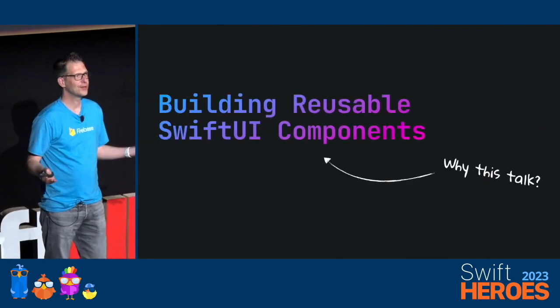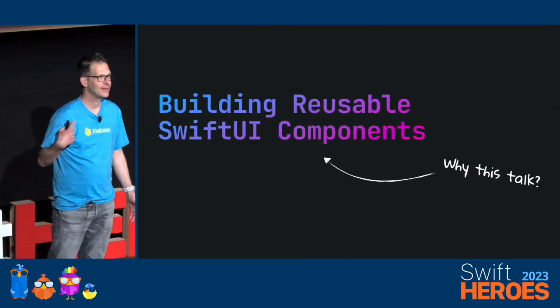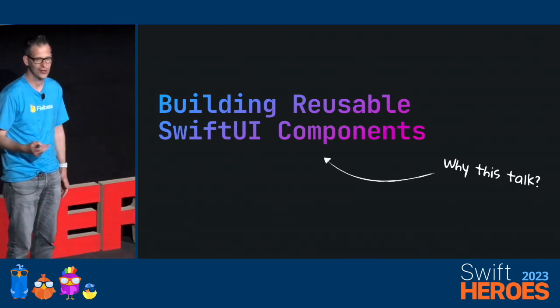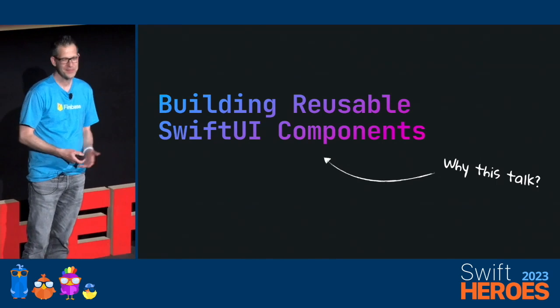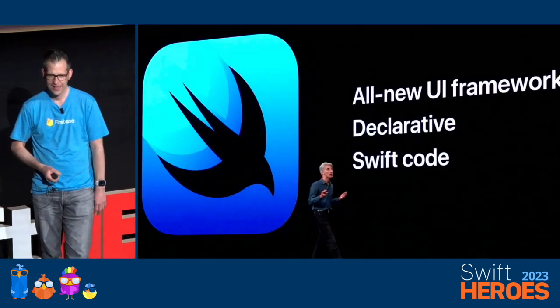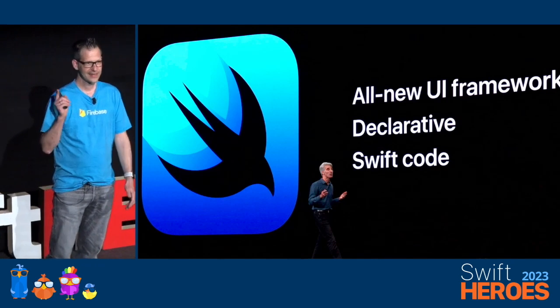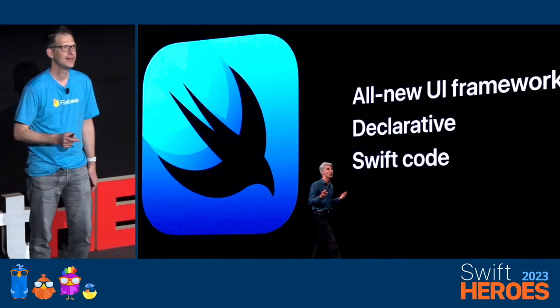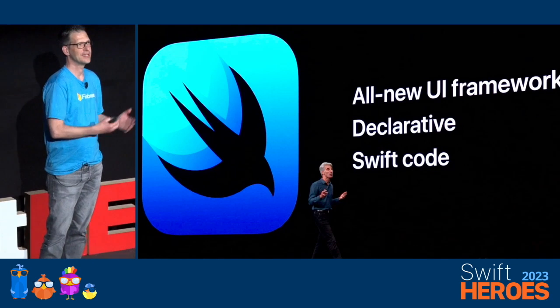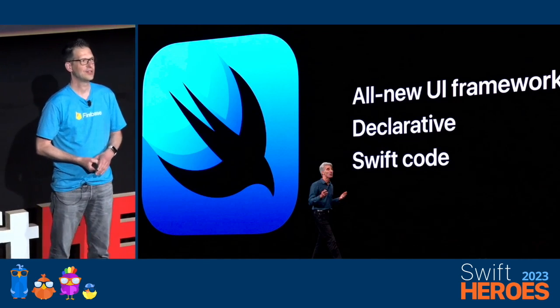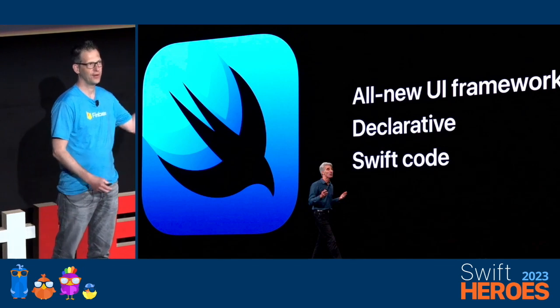And you might be wondering, why is a Firebase guy working at Google giving a talk about an Apple technology? Very good question. So let me tell you a story. When WWDC 2019 happened, I decided to leave my previous team and join the Firebase team because of SwiftUI.